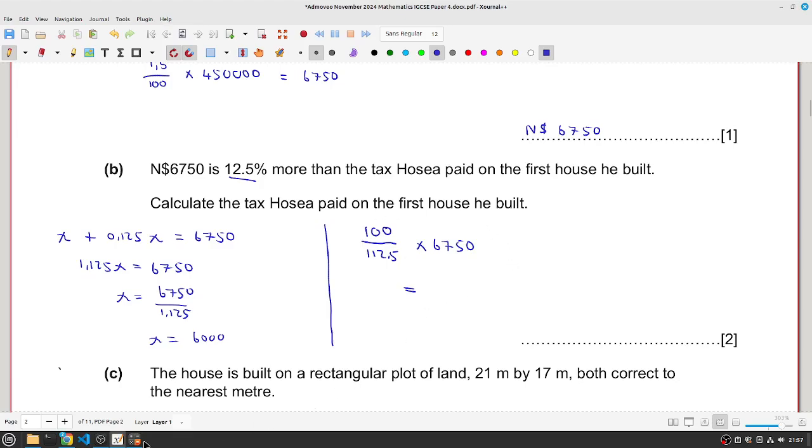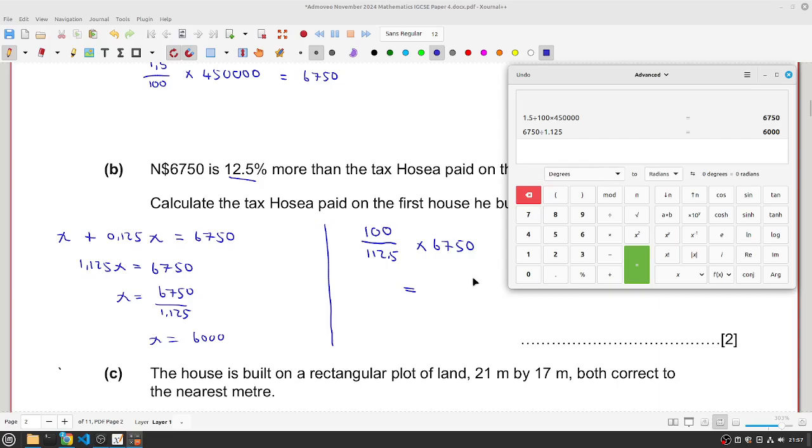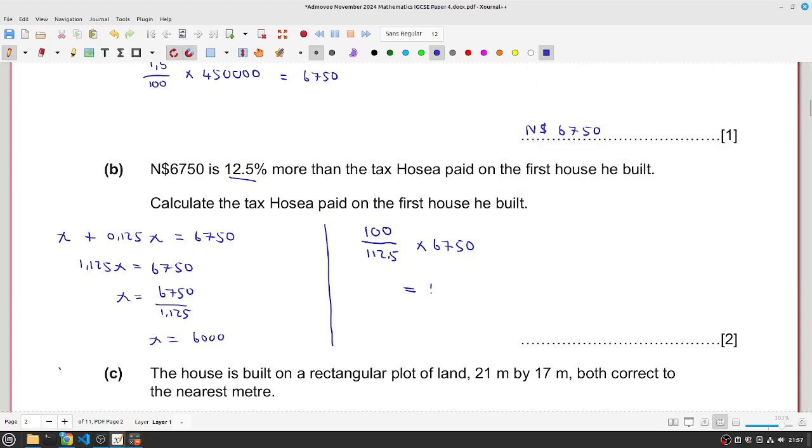It does work out quite well, and it is very short, which is nice. Okay, so 100 divided by 112.5, and then we times that by the 6,750, and we get our 6,000. And again, if you have any other preferred methods, please write that in the comments, and we can work through that together. Okay, so 6,000 is the tax he had to pay on his first house.